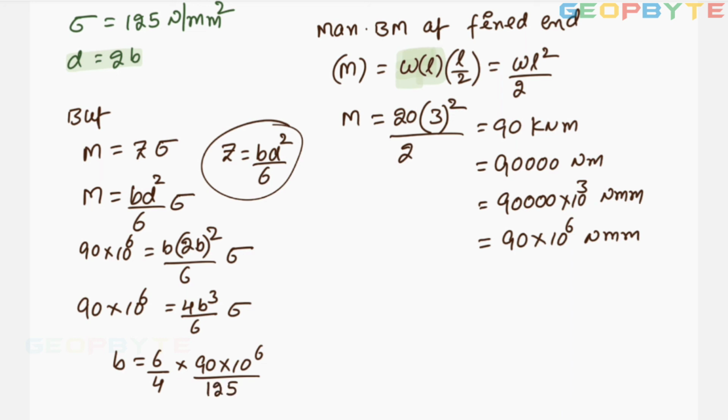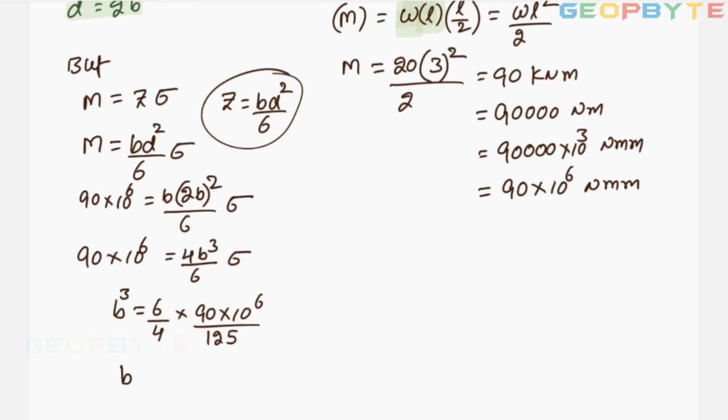This is b cube, right? 125. You simplify this value for getting the b. Breadth we are getting is 102.6 mm, and depth equal to 205.2.